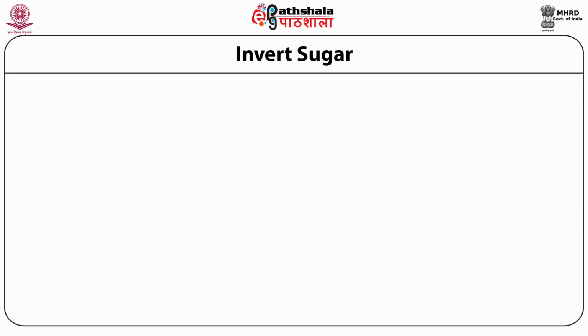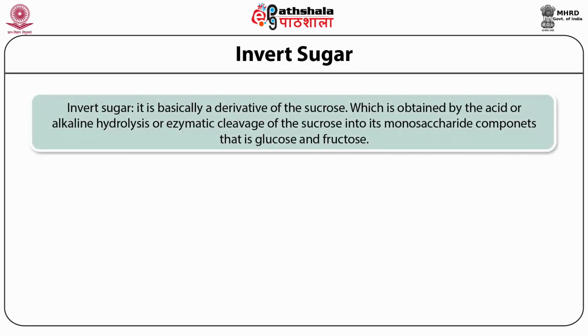So, dear students, after going through the common forms of dry powder sugars, now we will discuss some more common and important types of liquid forms of sugar. In the liquid form categories of sugar, first comes invert sugar.